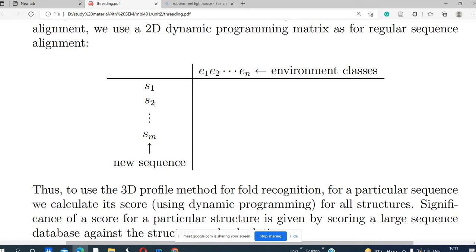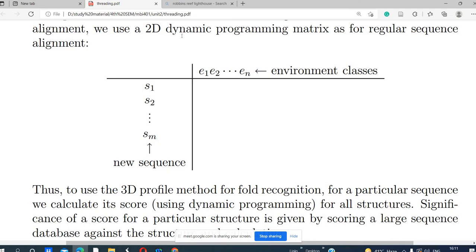One sequence can be aligned with the descriptor of the other sequence, not with the sequence. In the homology modeling method we are aligning a sequence with another sequence. But here in the threading method, in this profile method, we are aligning sequence residues with the descriptors, with the environmental classes of the other sequence, not with the sequence.